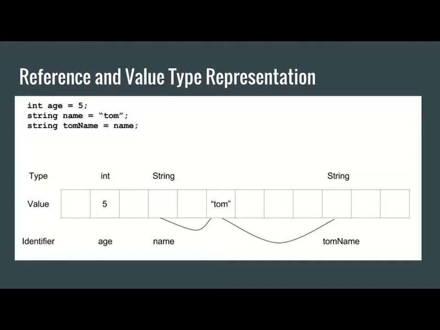It first goes to name, and then finds out name is a reference of Tom, so it will go back to refer to Tom. Therefore, we can have 2 variables refer to the same thing, but for this one, you cannot do it. If you say something like int my age equals to age, you will get a copy of this. So int my age equals to 5 as well, instead of pointing to this one.